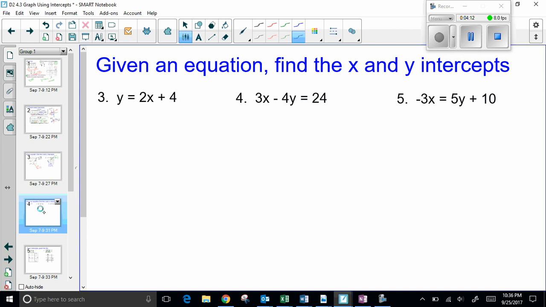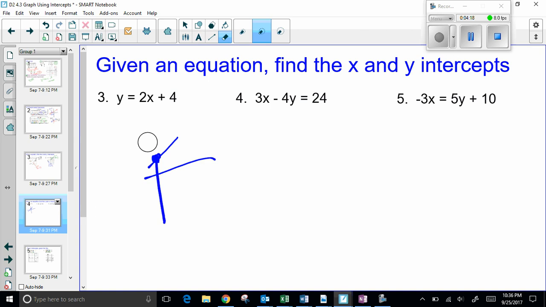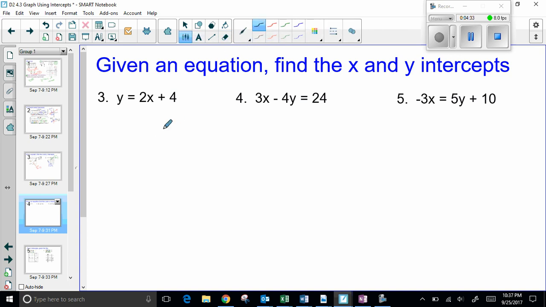However, sometimes we don't have a nice picture to show us where it's crossing. Instead, what we have is an equation. Now, that equation represents a line, and that line will cross somewhere on the graph. So we can find 2 points. Don't write this all over your paper.